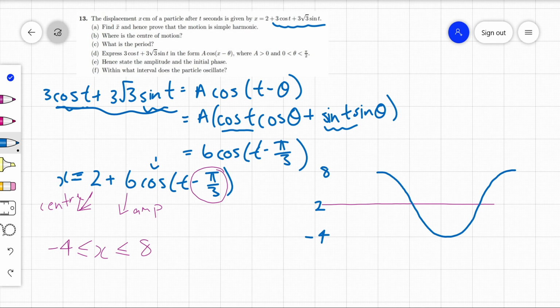The period is 2 pi because the coefficient of t here is 1. So here is 2 pi, here is pi, and this bit would be pi on 2. It would be that curve, but remember this bit here is shifting it to the right, pushing it along by pi on 3.